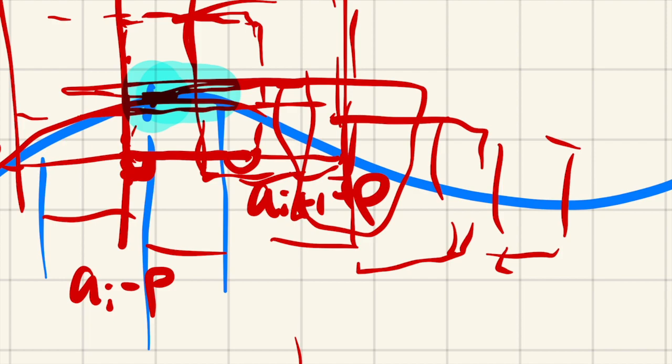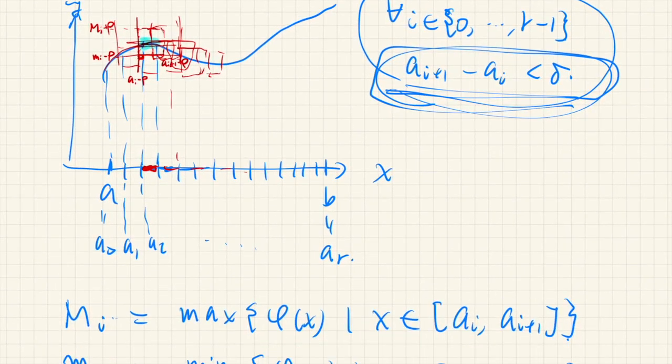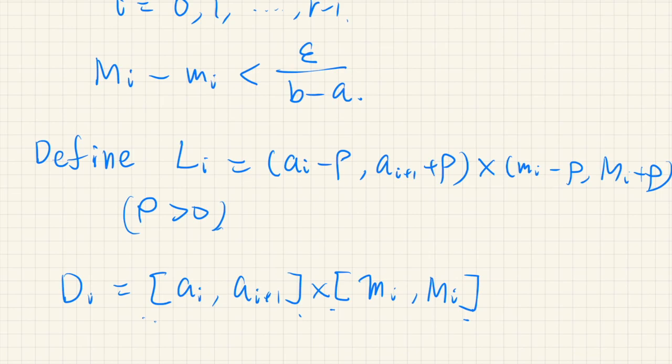And if the value of rho goes to 0, then the area of L_i converges to the area of D_i.